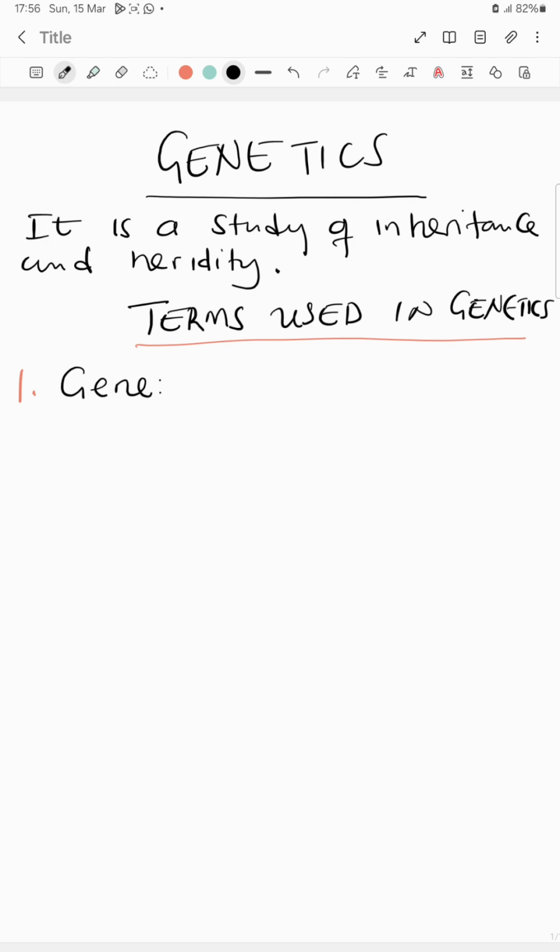So a gene is a basic unit of inheritance.